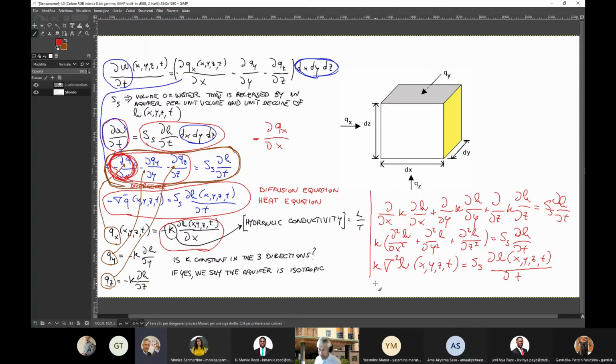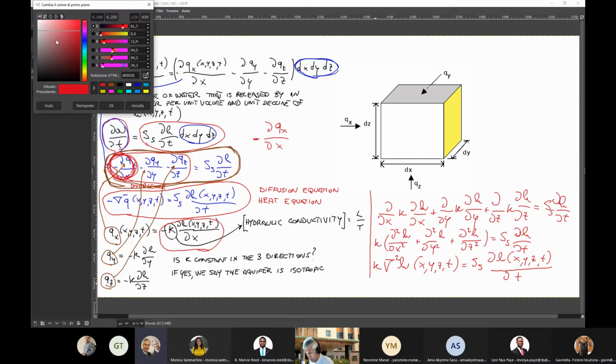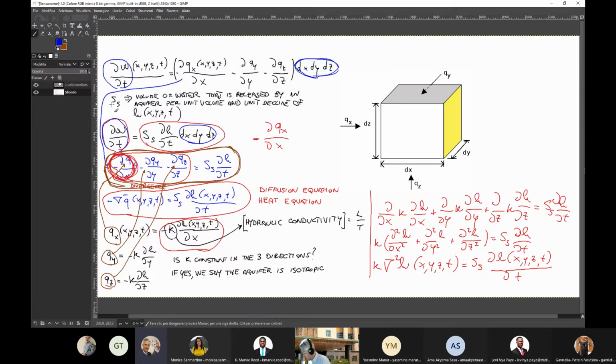Now let's look at this equation that I got here, because this is what I wanted to achieve.